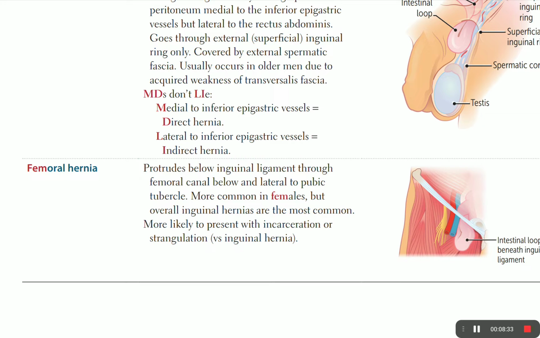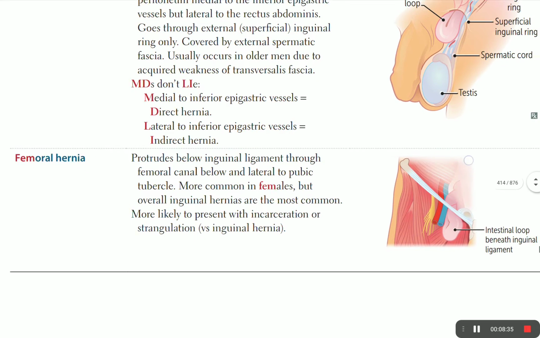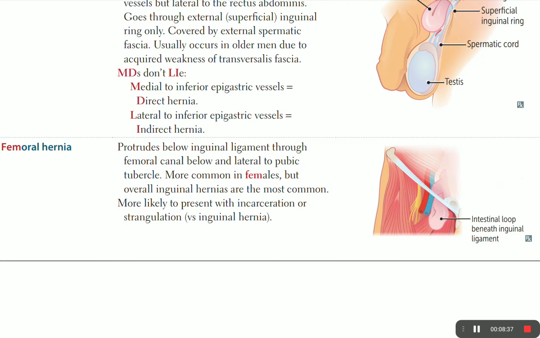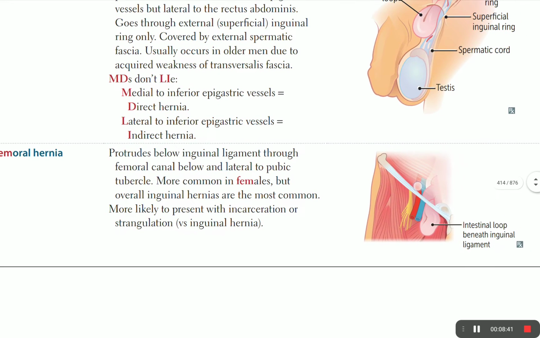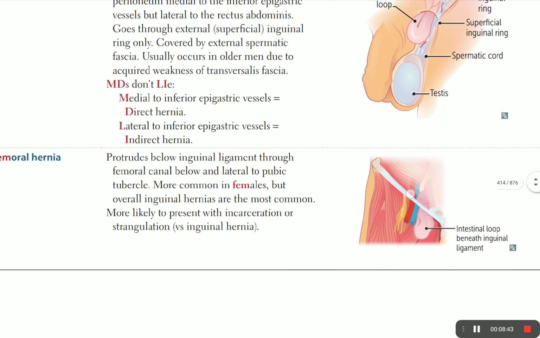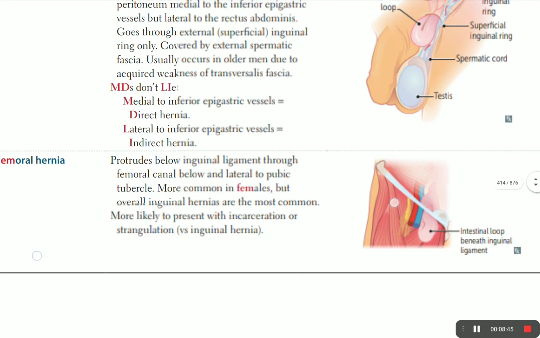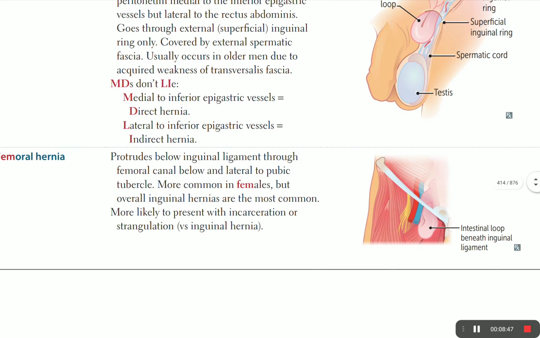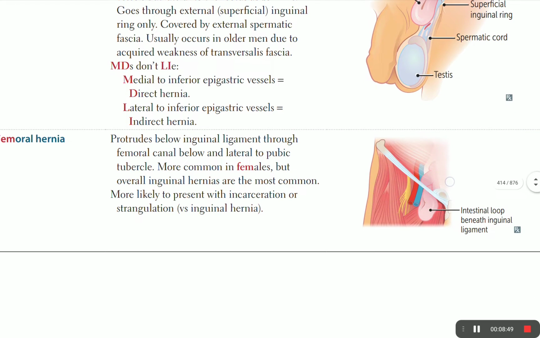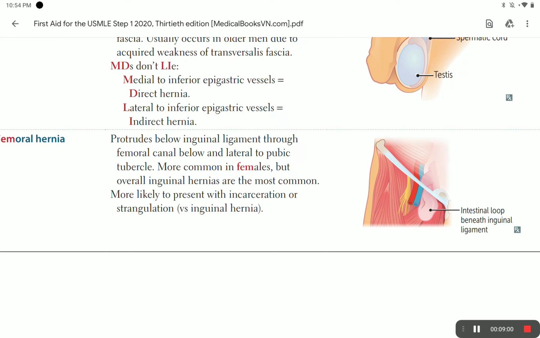Let's go for the femoral hernia. Femoral hernia is in the femoral triangle, as we said before. The femoral triangle is between the inguinal ligament, sartorius muscle, and adductor longus. We have 3 structures, from medially to laterally: vein, artery, and the femoral nerve.